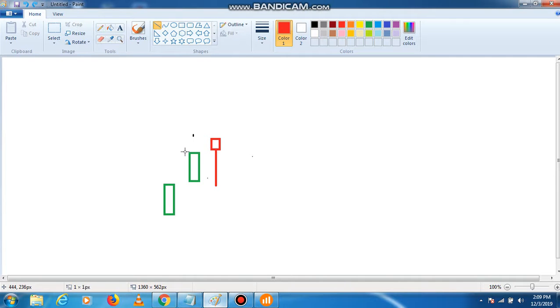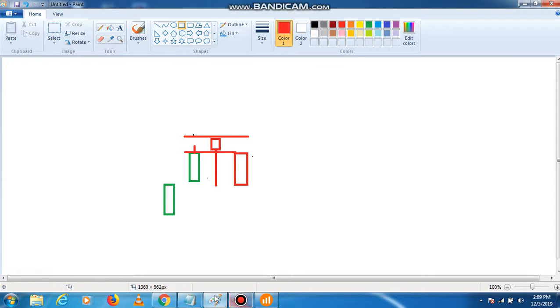The body of the previous candle is here, and this appeared on top of it, and there can be a wick on the previous candle. This is a perfect example of a winning trade. The next candle will definitely go as a red candle. You can go for a red candle from here. So this is the pattern.